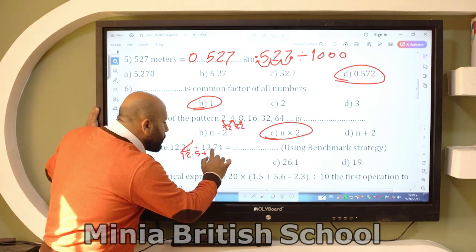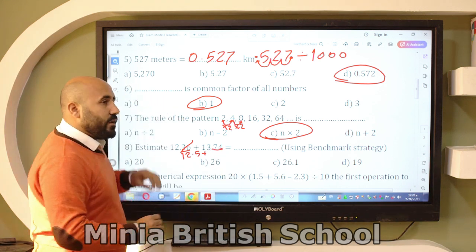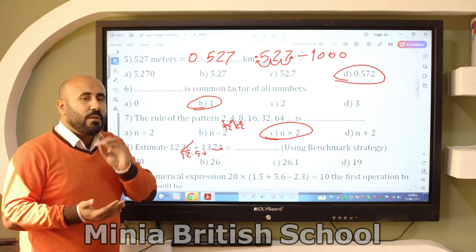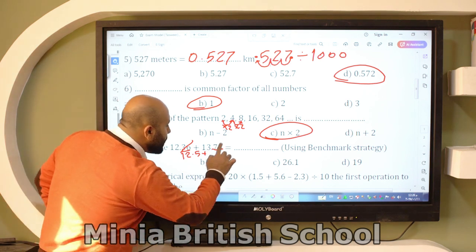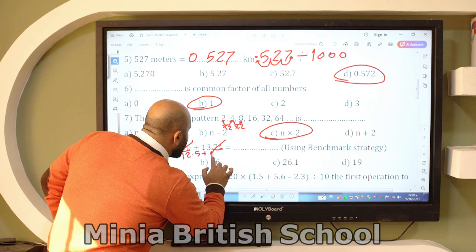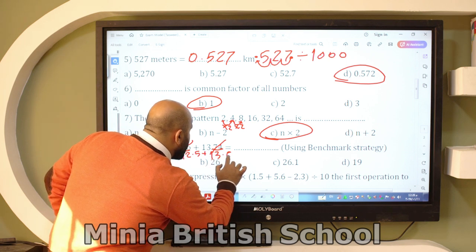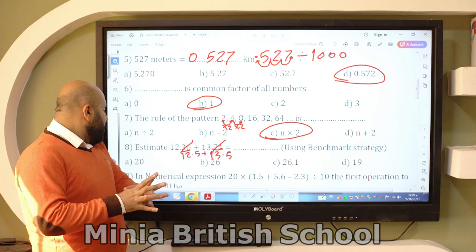You see, I will look at the decimal part, 74. 74, as you all know, belongs to the benchmark 0.5, and in this case I will delete the decimal part and write 13.5. Let's add them both together.